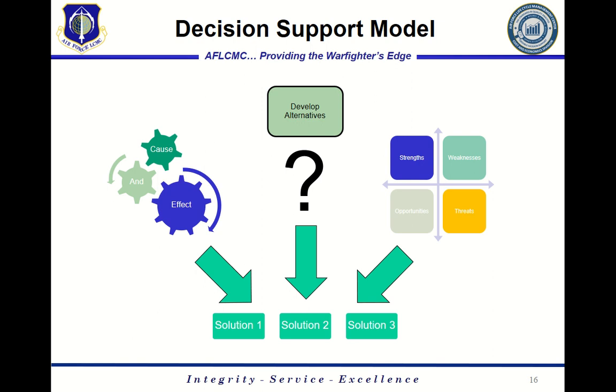You need to think through these alternatives, the cause and effect of the alternatives, measure their strengths and weaknesses, the opportunities, and the threats that they may open the system, the program, or whatever the situation is to. Again, we're just digging deeper, thinking critically about our alternatives to make sure we've got an adequate number of alternatives to then measure against.